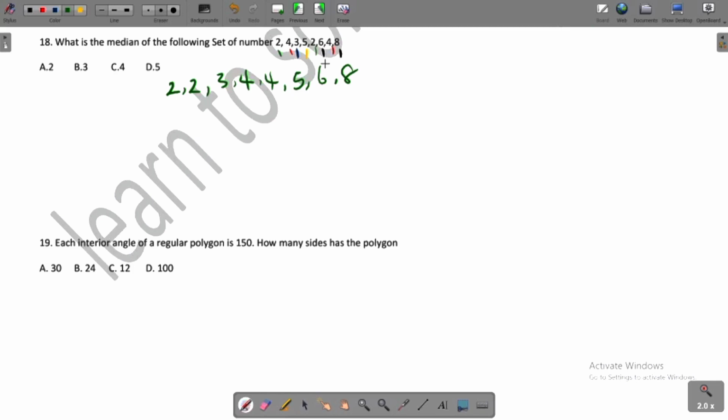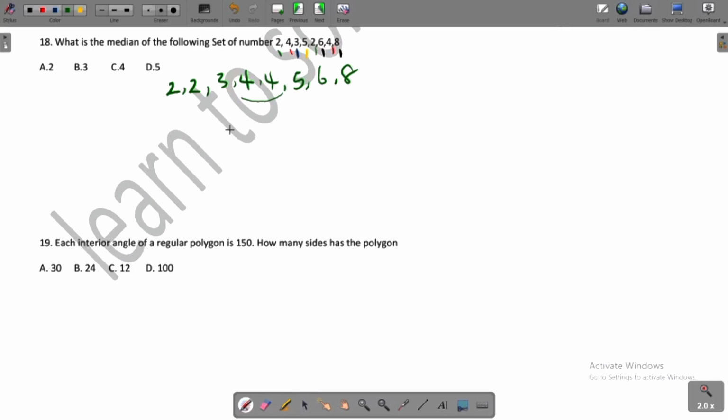If you are solving a question like this, you want to get the median. There's a formula you can use when the total number of items you are given is an even number.